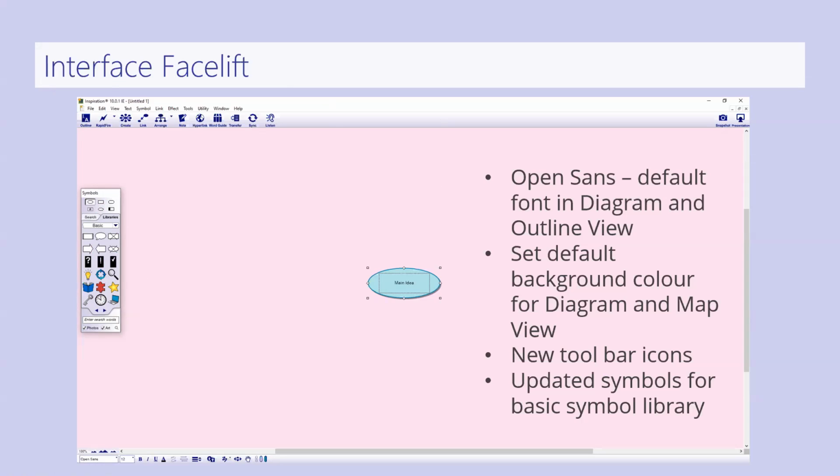We wanted it to be a natural progression for those that were moving from version 9 and even from version 8. We have a lot of users globally for Inspiration. We wanted it to be a natural progression from previous versions. But as I said, it's a journey, something that will continue to update as we release new versions of Inspiration.